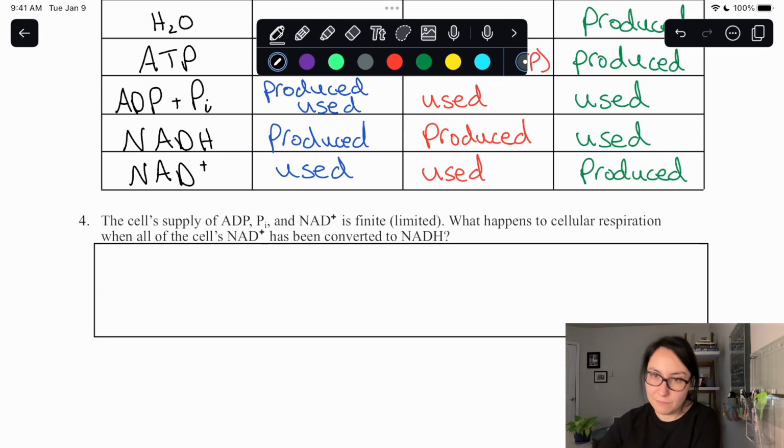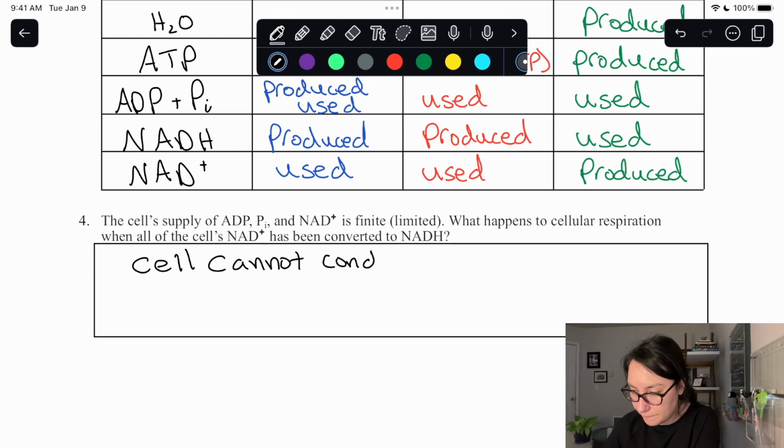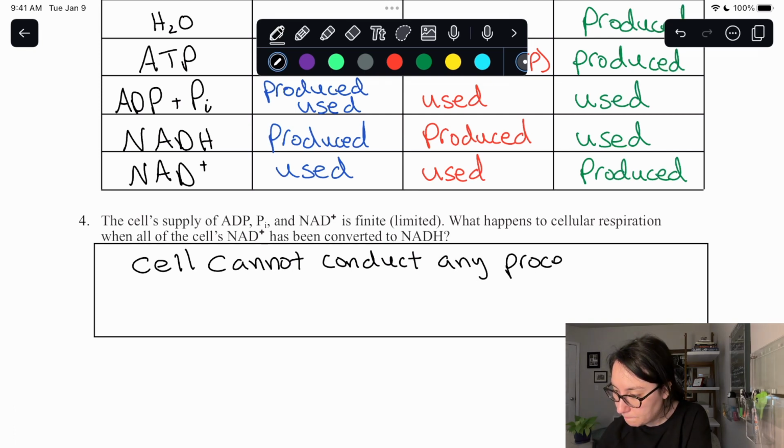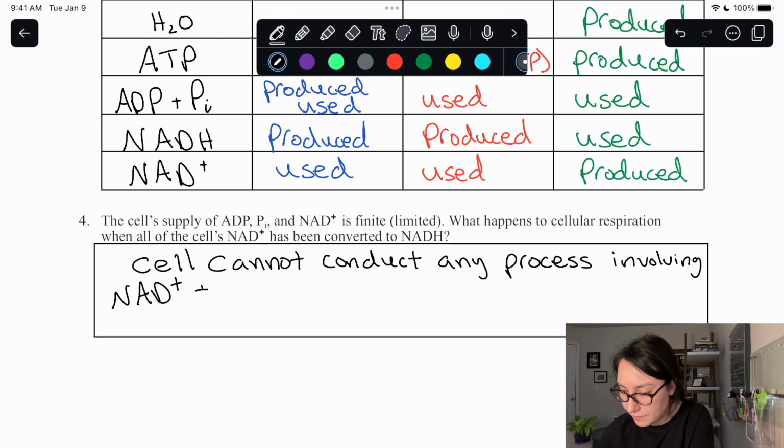Basically, what happens, in the shortest way possible, easiest way to explain it, is the cell cannot conduct any process involving NAD+ to NADH conversion.